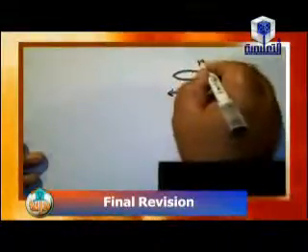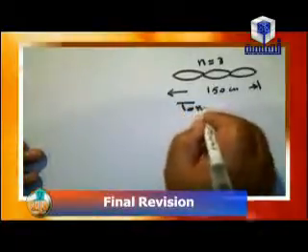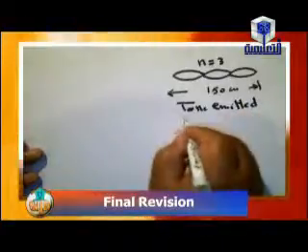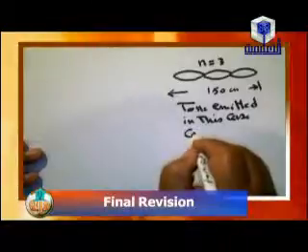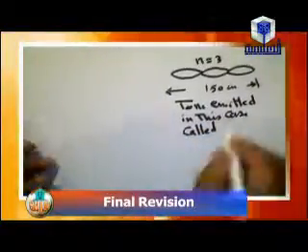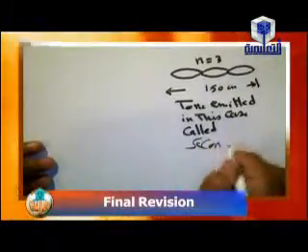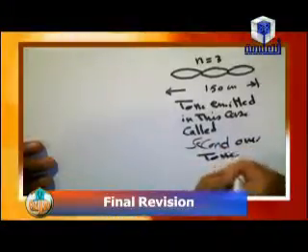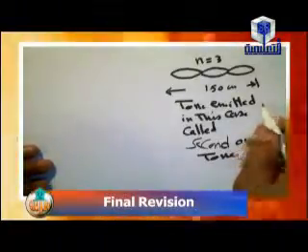So N equals 3. The tone emitted in this case is called second overtone. The first question is the tone emitted is second overtone.